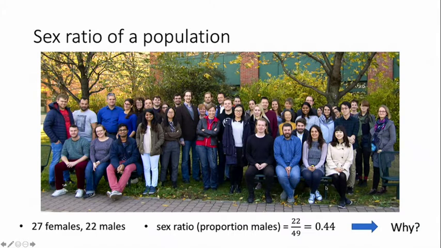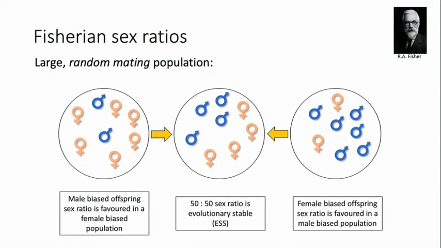So why would it be 50-50? Well, the explanation is given to us by Fisher, and those are called Fisherian sex ratios. And Fisher said that in a large random mating population, a 50-50 sex ratio is an evolutionarily stable strategy. It is like that because if you imagine that you are a female laying eggs in this population, which is female biased, of course the best thing to do is to produce male biased offspring, because that gives you a fitness advantage.